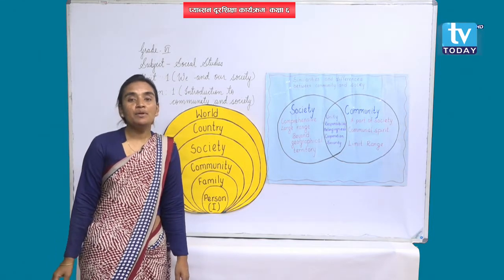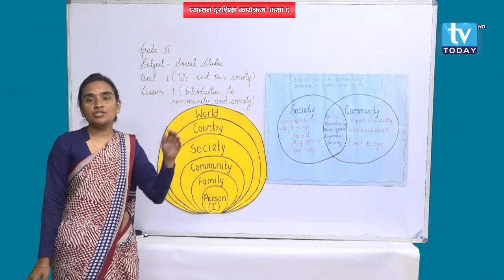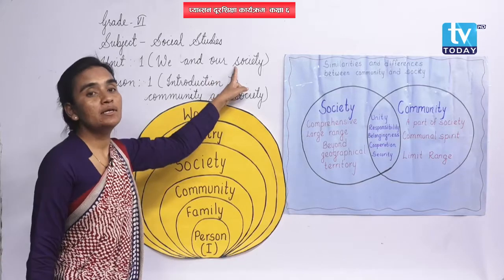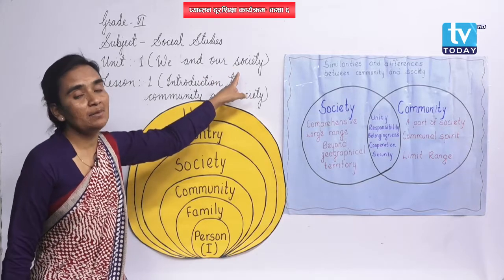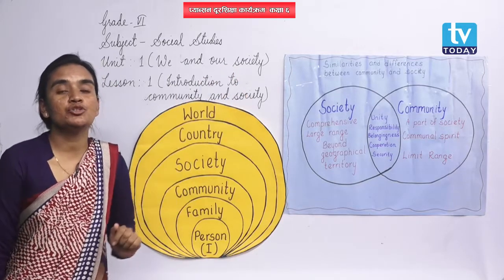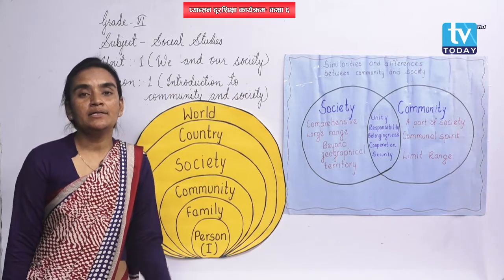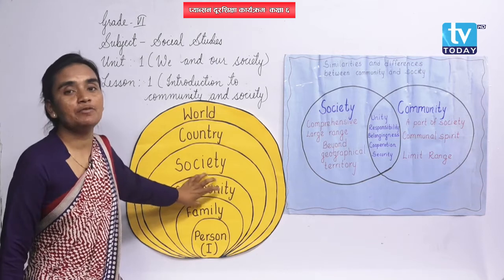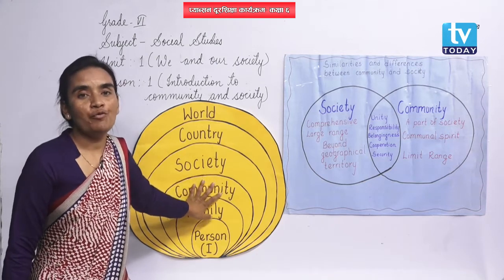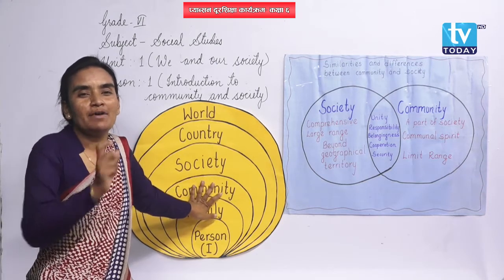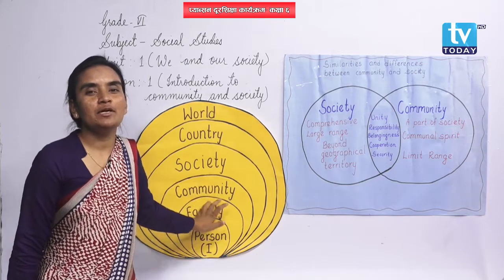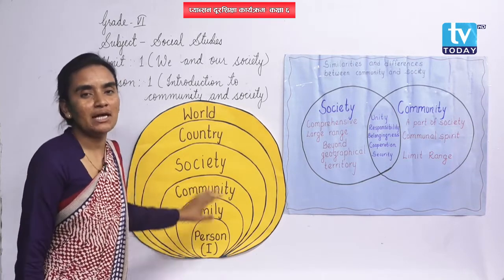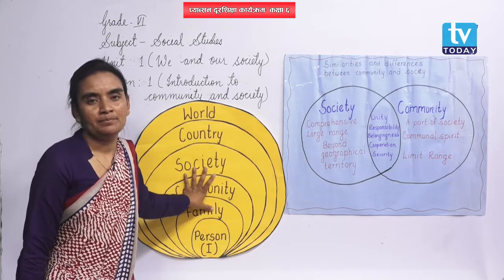Beside that, let me move on to the next one. Along with the same topic, we have another word, society. My dear children, I have already expressed the importance of community, and that because of groups of communities, societies are formed.